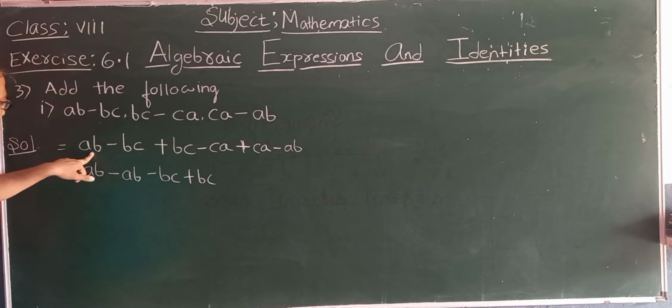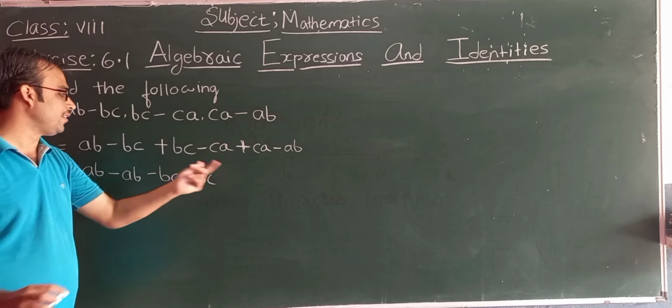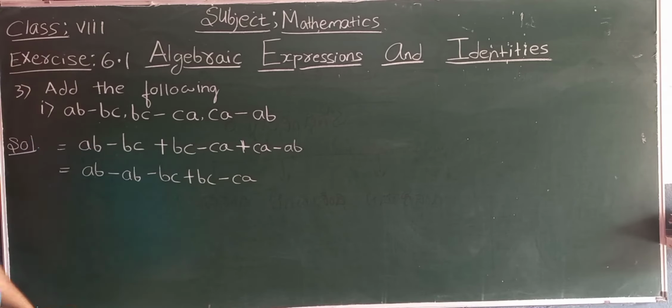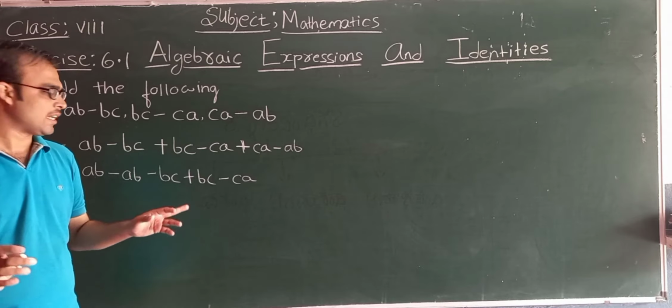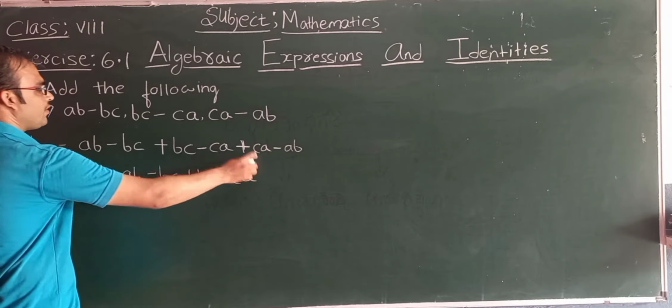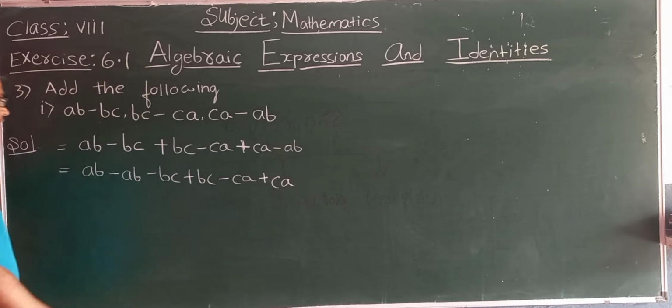Now we have written AB and BC also. Next, CA is there, and here minus CA is there. So write this one first, minus CA. Now which are the like terms with respect to CA? Here one is there, plus CA, equals to.